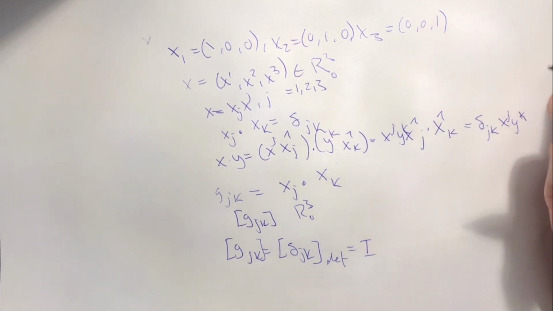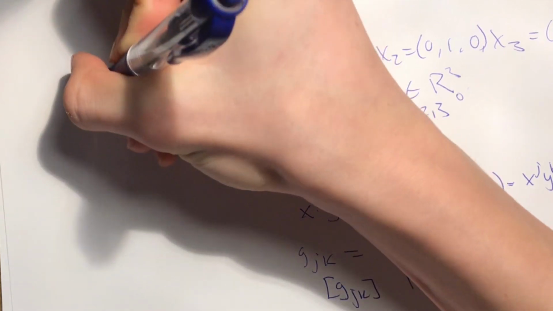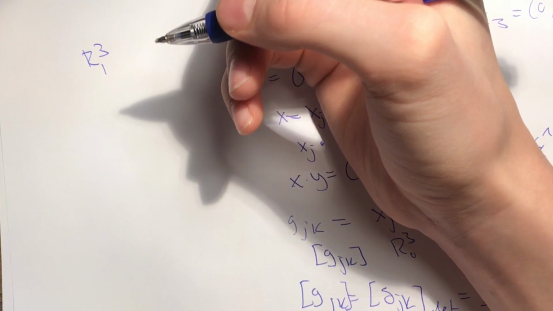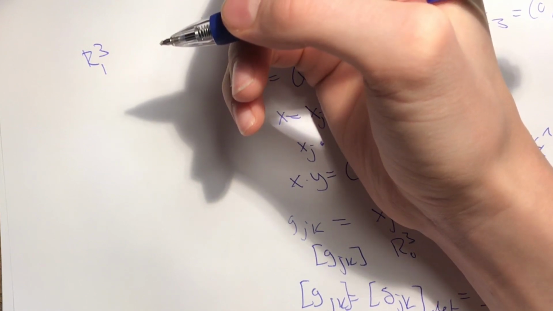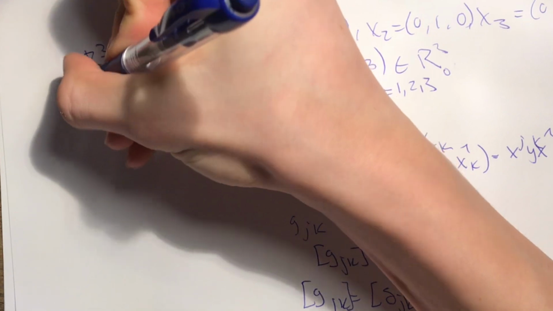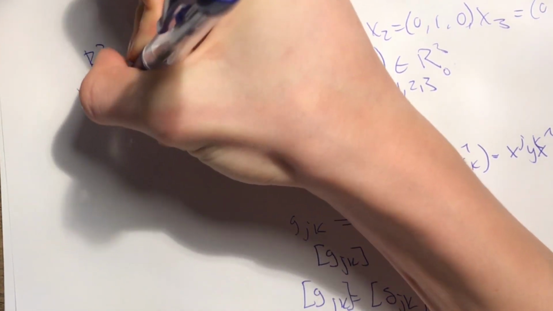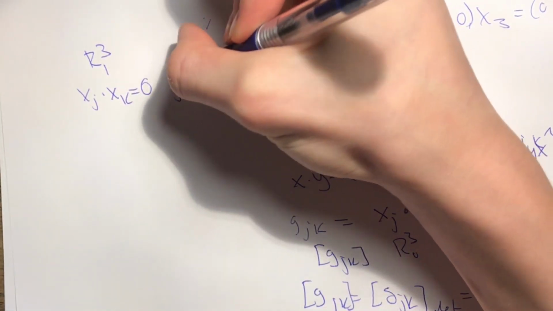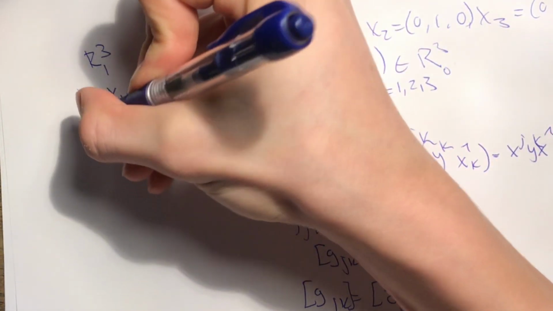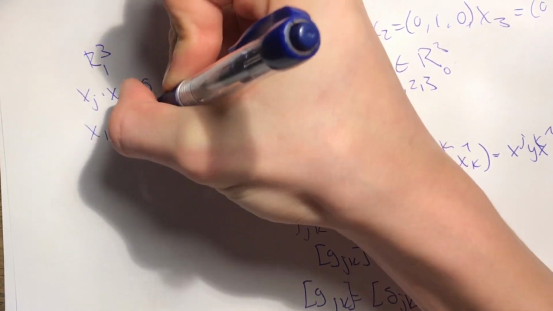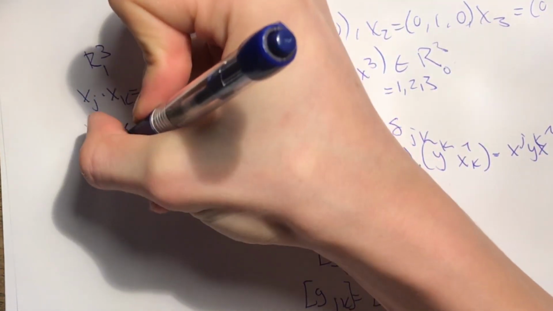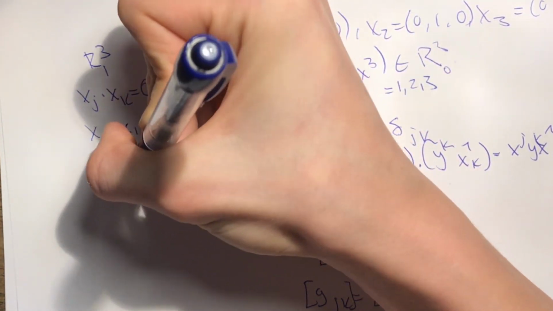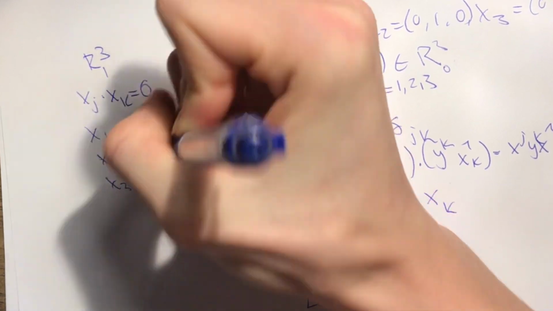Well, in the Minkowski space R^(1,3), the matrix elements of the metric tensor in Cartesian coordinates are determined by the relationships x̂j dotted with x̂k equals 0 if j is not equal to k, and x̂1 dotted with x̂1 equals 1, x̂2 dotted with x̂2 equals 1, and x̂3 dotted with x̂3 equals minus 1.